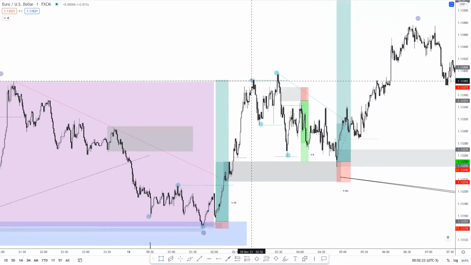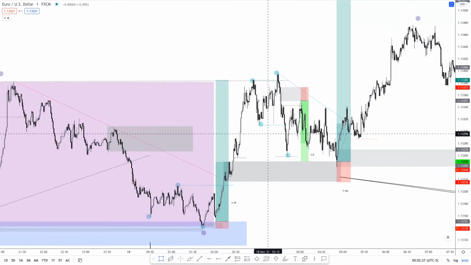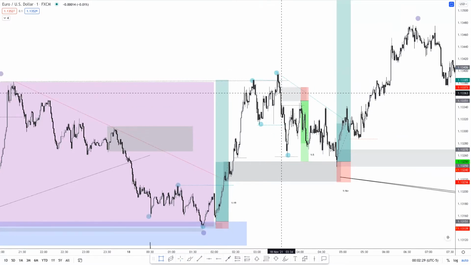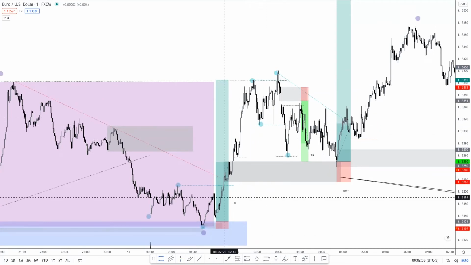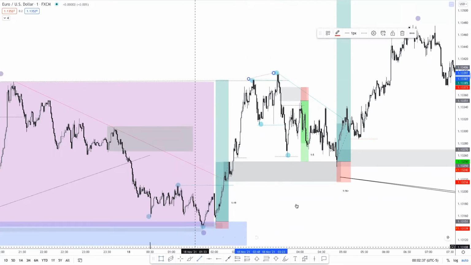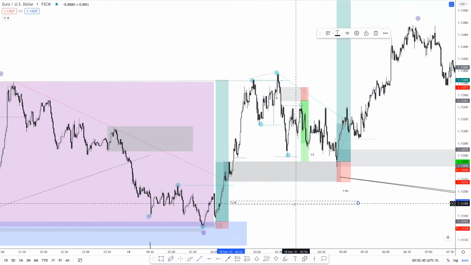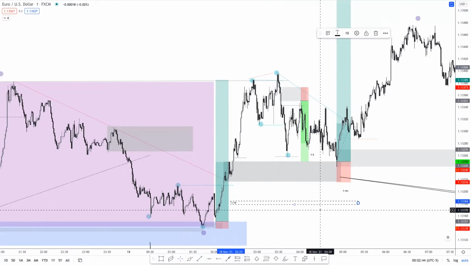I didn't know that these two bubbles were here until price came up and swept again, right? As soon as we had that sweep and price came down to break structure over here, I now know that price has diverged, right? Has had a divergence. And because we've had that divergence, this BOS confirms the sells, right?